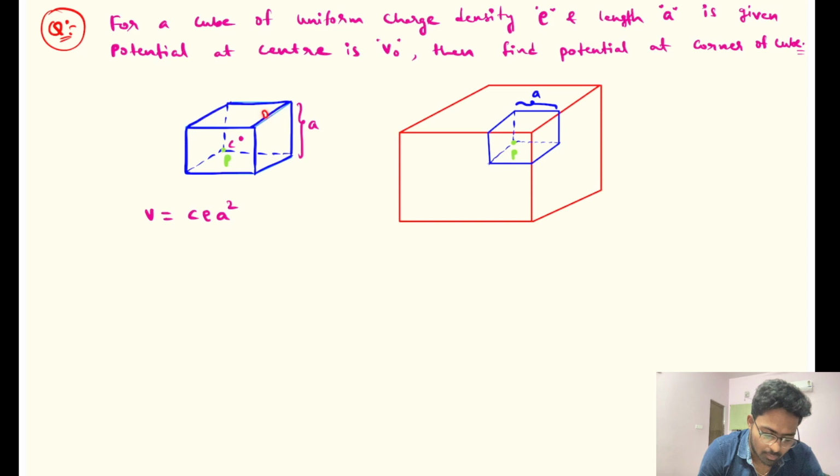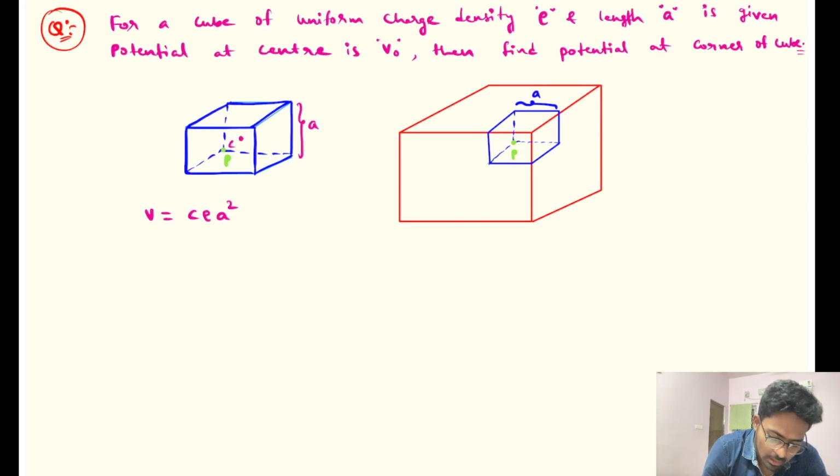By considering this type of cubes, let's say there are 7 more cubes. By using all these 8 cubes, I can build a box like this. Now basically I need to find the potential at the corner, but already I know the potential at the center. By using this formula, I'll try to find the potential at the corner.